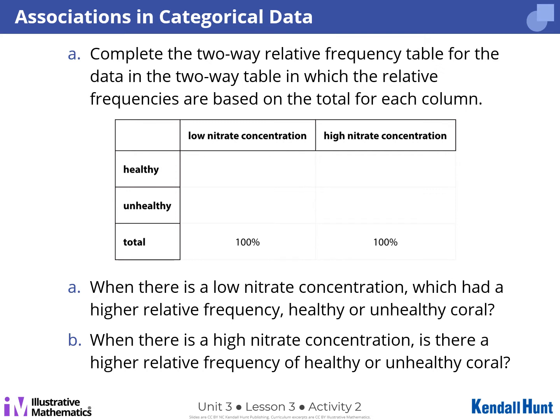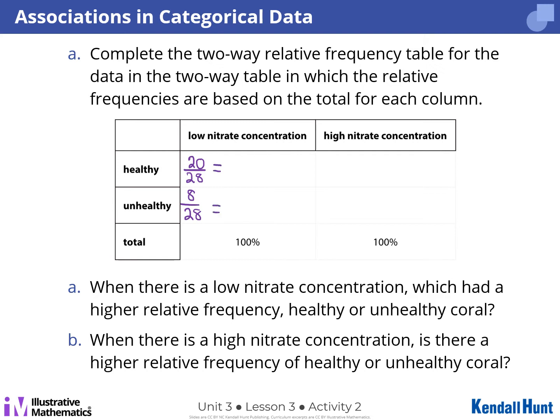So remember, in our healthy coral and low nitrate concentration, we had 20 coral samples. In our unhealthy, we have 8 coral samples, and we had a total of 28. 20 plus 8 is 28. And I'm going to use these to get my percentages.